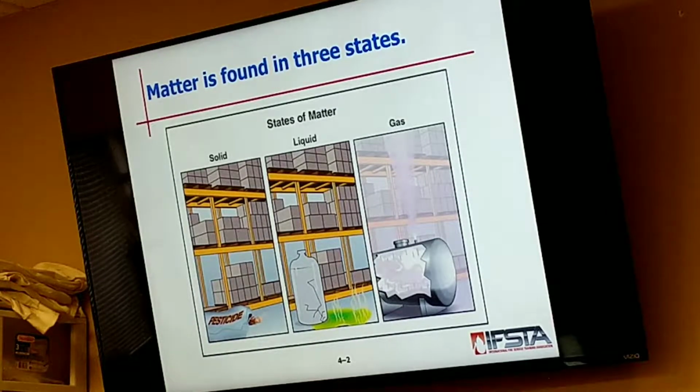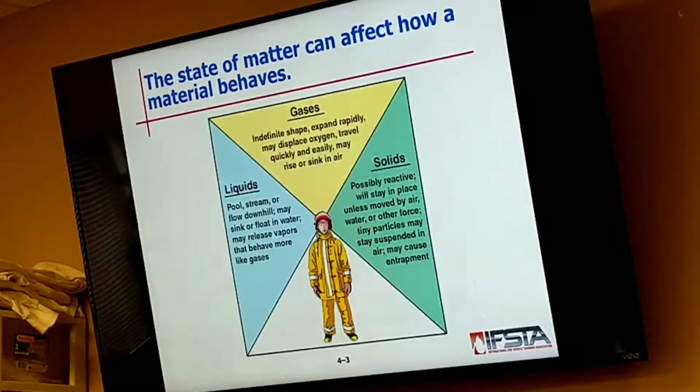In a hazmat incident, try to identify the material's physical state as early as possible, because that'll make it a lot easier in determining what we have to do. The state the matter is in can affect the way the material behaves.